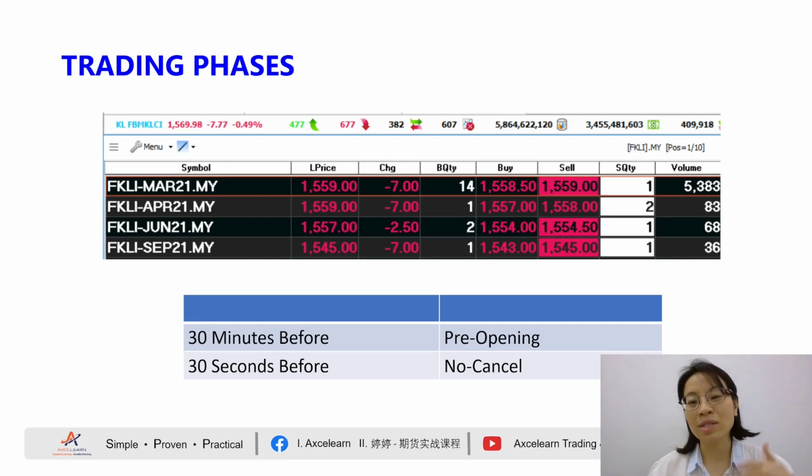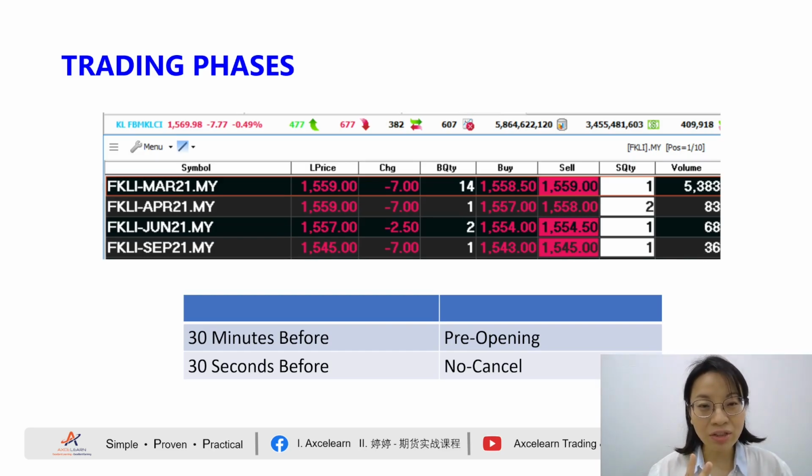So you can start to submit your orders with your expected price. Then there will be a calculation between buyers and sellers, and you are going to have some idea about what is going to be the opening price.